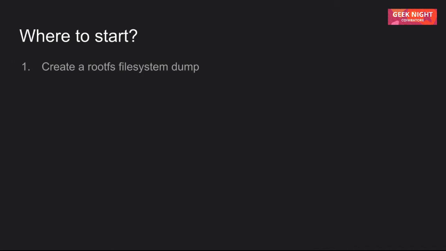To create a rootfs file system dump, there are a few options, and Debootstrap is one of them, which allows us to create a Debian-based rootfs. It will be making use of packages available from Debian package repositories and building a rootfs. Which packages we start with really makes the difference of which variant of OS we are creating.